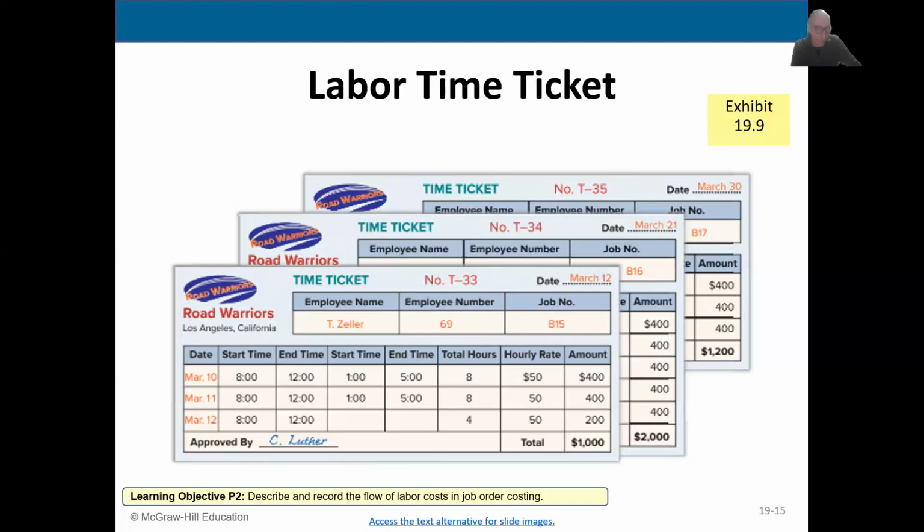In this first example, we have $1,000 of direct labor. You see, it's a matter of tracking the exact amount of time that the employee worked on each job. And that's how we find direct labor. Hourly rate times the exact amount of time worked. That's how you calculate it.